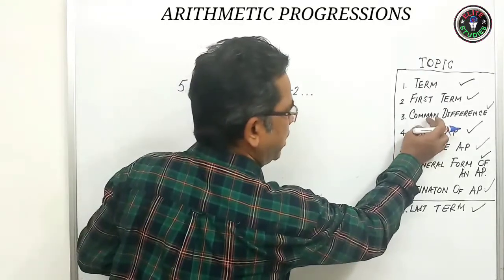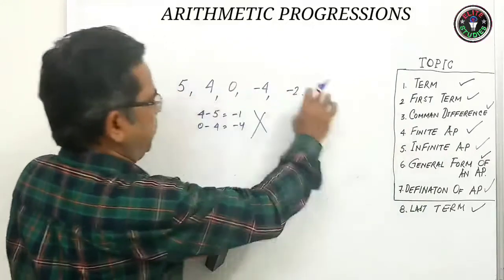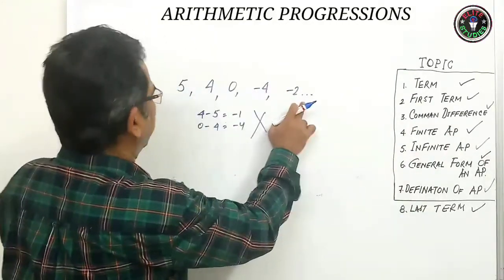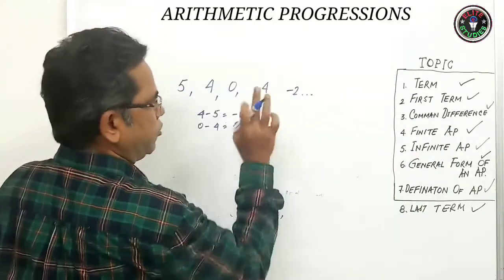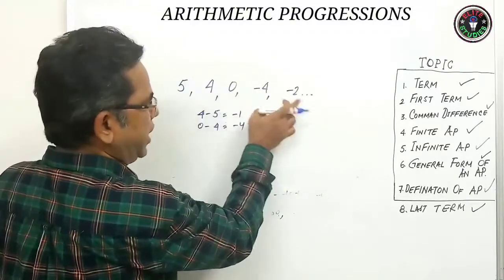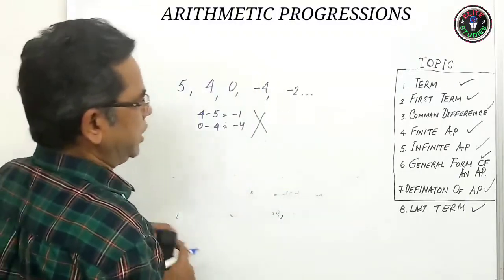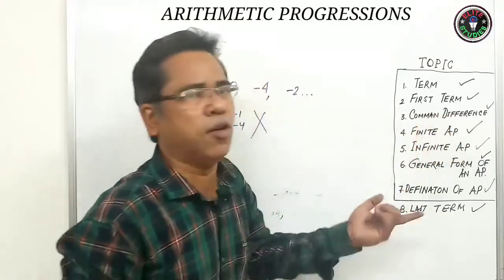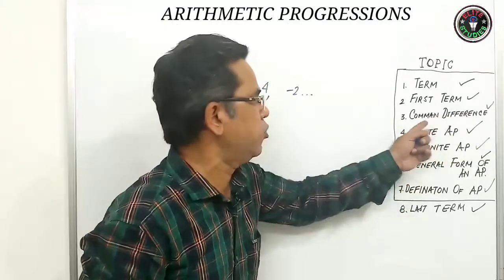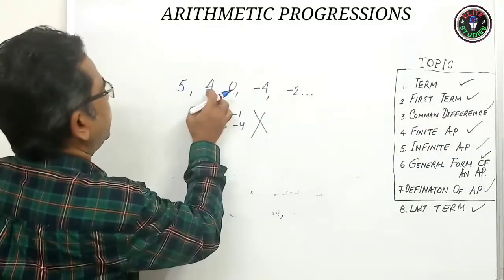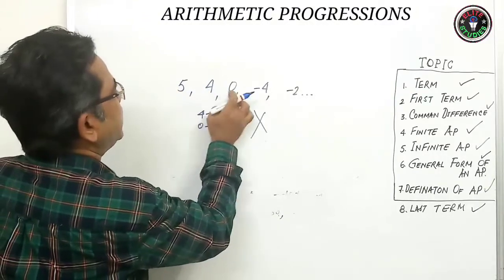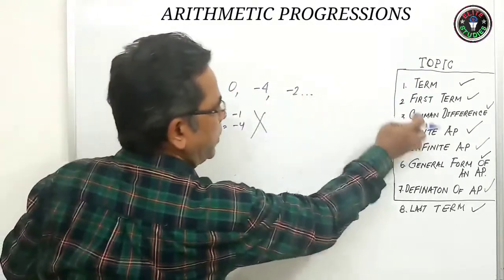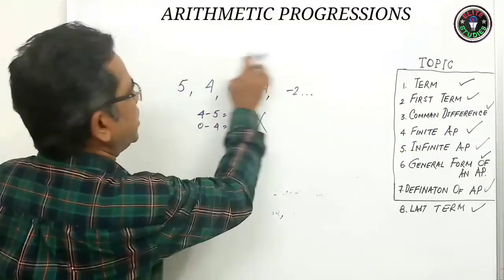Mind that the common difference is not going to change in a given AP. If the AP is given, then the first term and the common difference will be fixed. If the common difference changes, then no. The name itself says the differences should be common. The difference between these numbers should be the same, but it is not the same here. So therefore, this is not an AP.